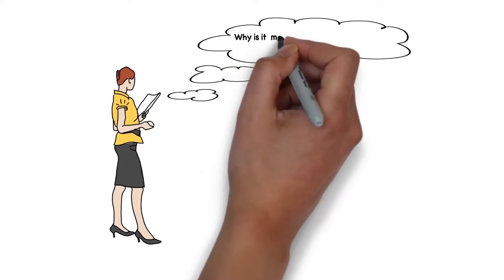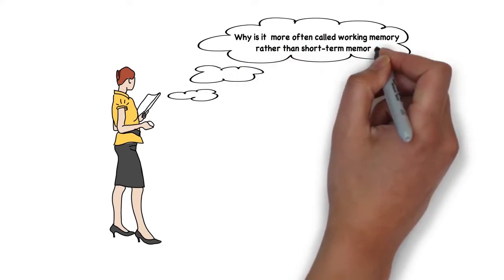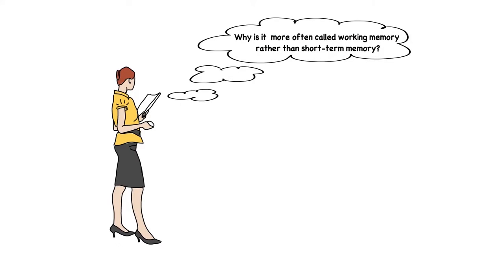Since it is quite impossible to remember everything, we need to pay attention to the most significant information so that it will be selected to go to the working memory, or what we call short-term memory. The unrelated stimuli will not be absorbed into the short-term memory. Why is it more often called working memory rather than short-term memory?